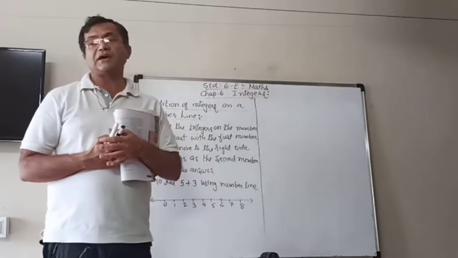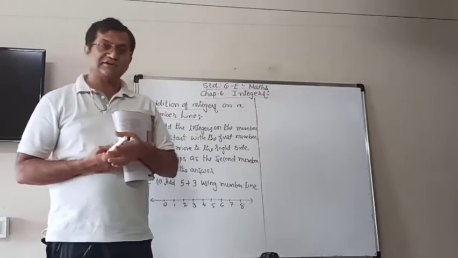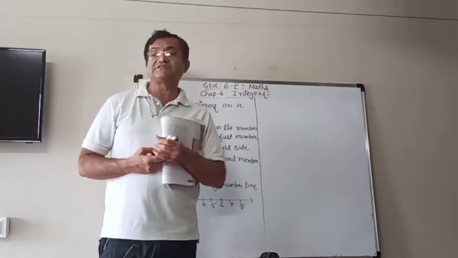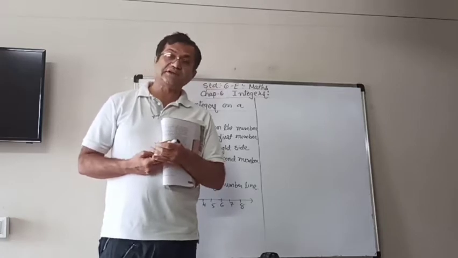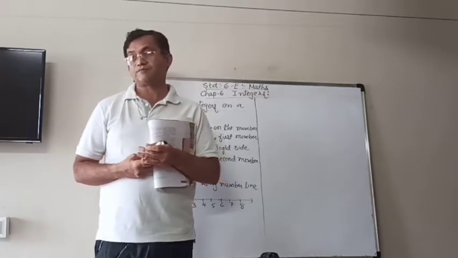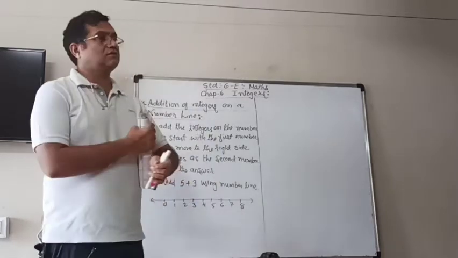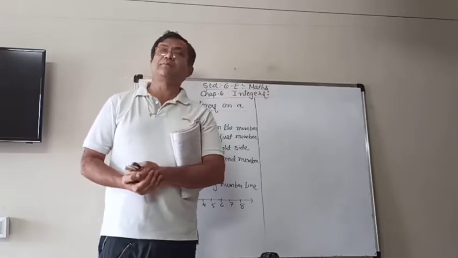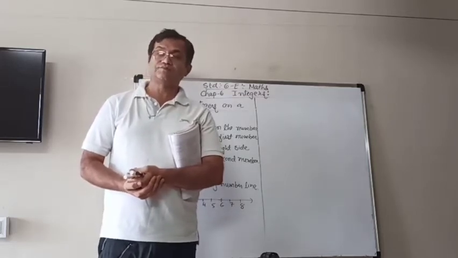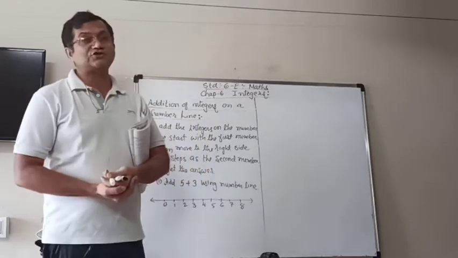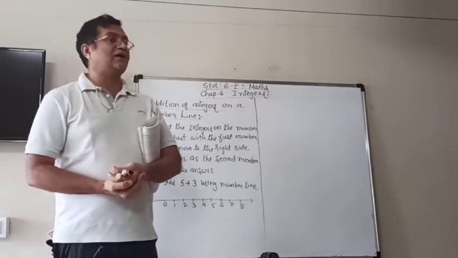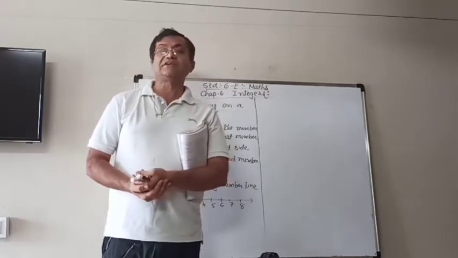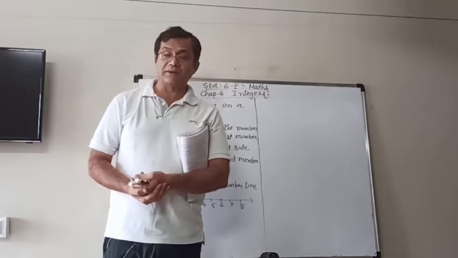Means if both the integers are positive, the answer will be positive, and if both the integers are negative, their addition answer will be negative. Also we learned that when we are adding two integers, if any one of them is positive and the other is negative, then we have to take the difference of them, means subtract the smaller number from the bigger number, and the answer will take the sign of the bigger number or the larger number.